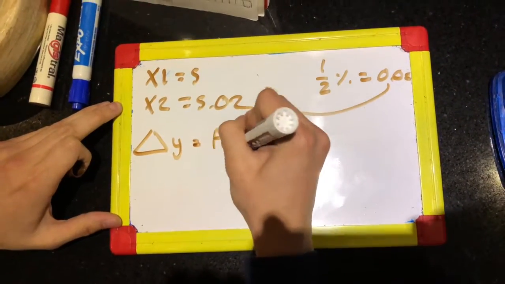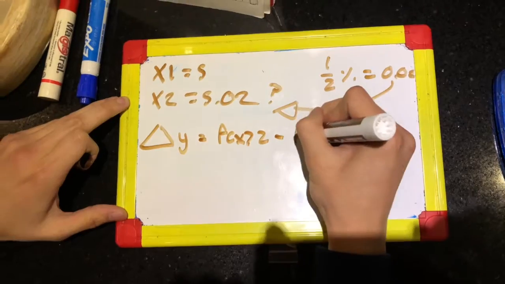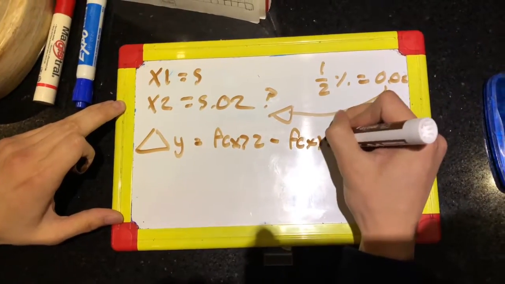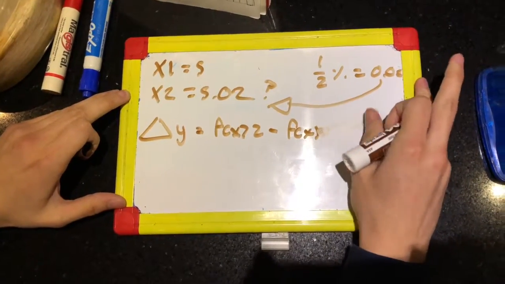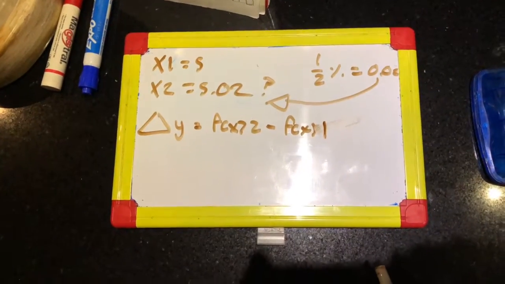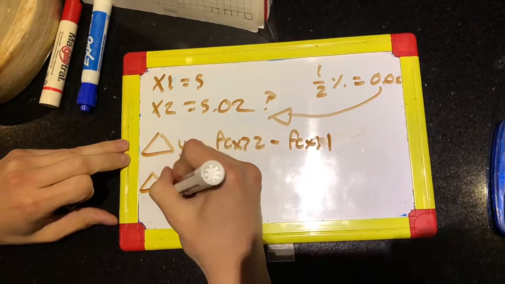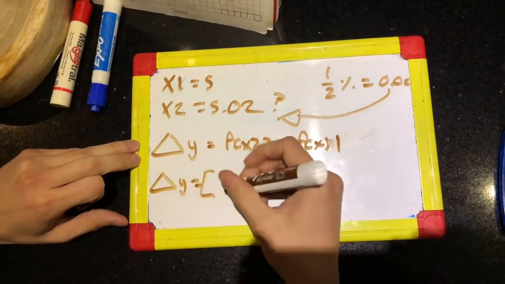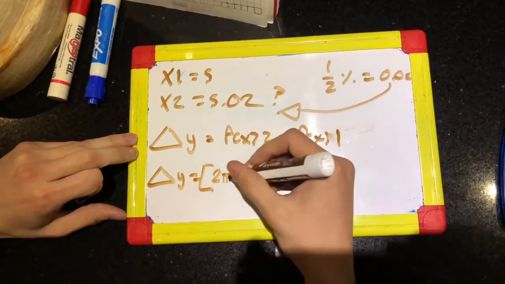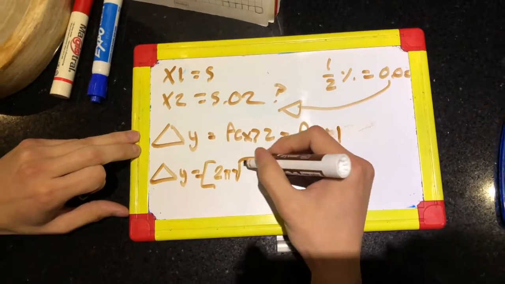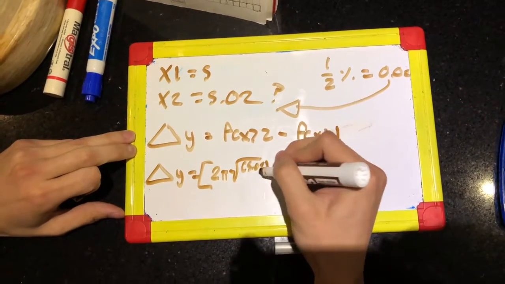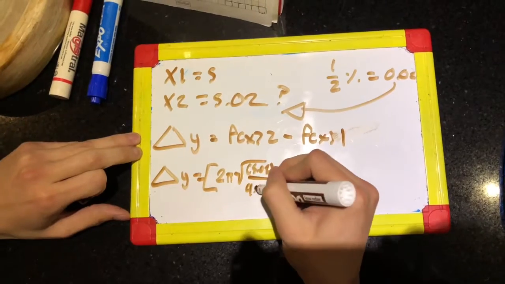Then, delta y equals f of x2 minus f of x1. This is the formula we're going to be using. So, delta y equals, first parenthesis, 2 pi square root of 5.02 over 9.81.